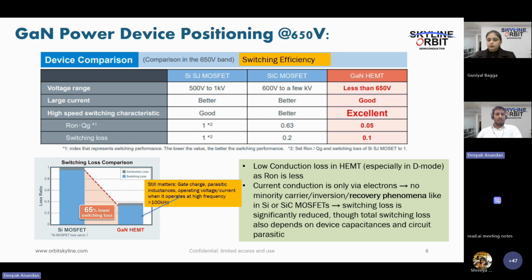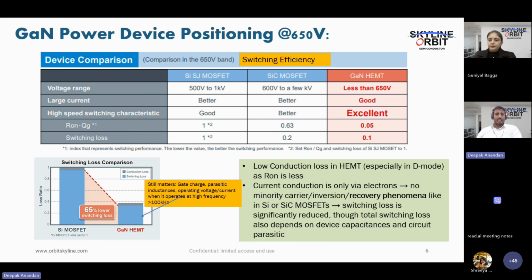If you take this benchmark, the first of the 3 things is high switching speed, which is 65% less than the commercial silicon-based MOSFET, because it has carrier inversion recovery phenomena, and these things potentially delay the switching operations.